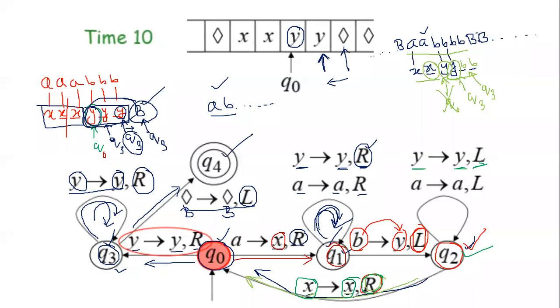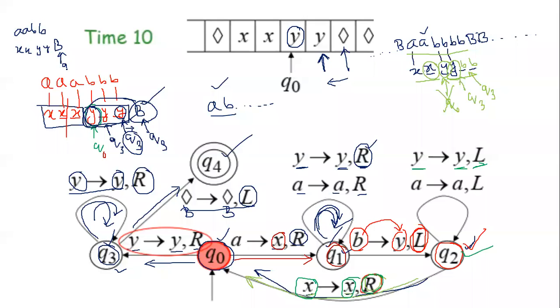You are in Q4. So at the end, you have A, then another A, then B converted to X, then Y, then this X, then this Y, and I have a B over here.